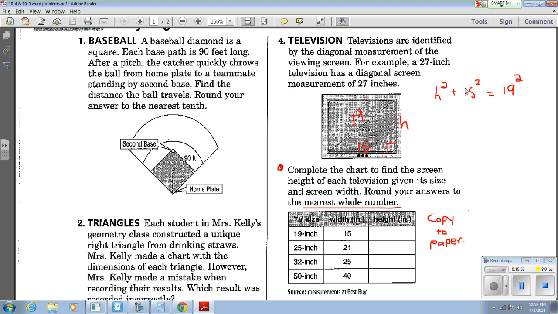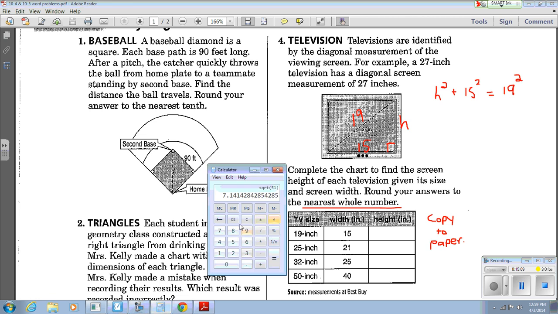So you want to take your calculator and do 15 squared and do 19 squared. Now, where's my calculator? There it is. So I'm going to clear it out. And I want to do 15 times 15 because I am doing those squared. So I'm going to say h squared plus 225. Oh, mistake.